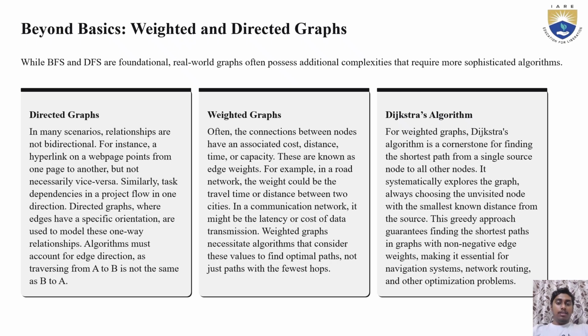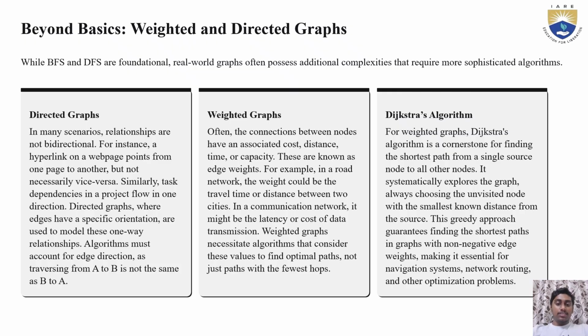Weighted graphs. Weighted graphs, in simple words, just means that there is a distance calculated from one vertex to another vertex. Often the connections between nodes have an associated cost, distance, time, or capacity. This is what I meant by weighted: the cost and distance between the two nodes or vertices.